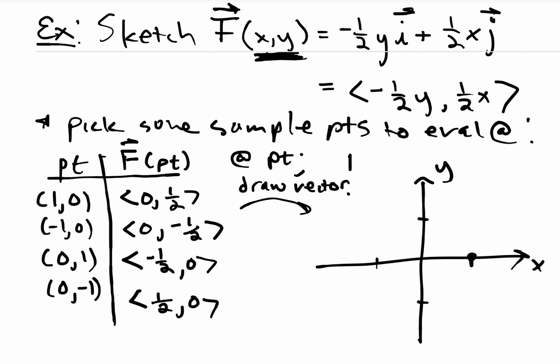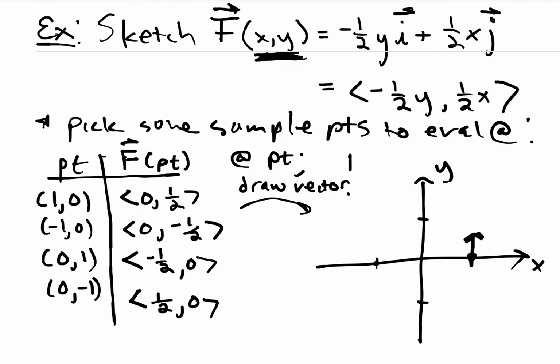Starting at the point 1, 0, I want to draw the vector 0, 1/2. Now that is the vector that goes 0 units in the x direction and 1/2 a unit in the positive y direction. So I'm going to get something that looks like this guy. Very similarly at -1, 0.